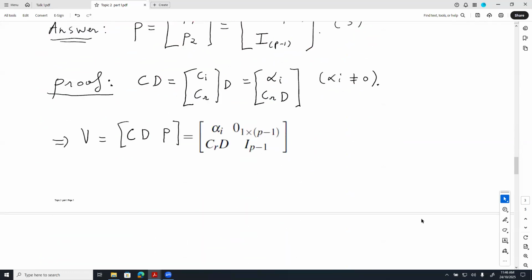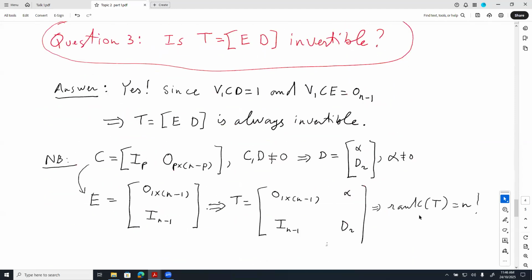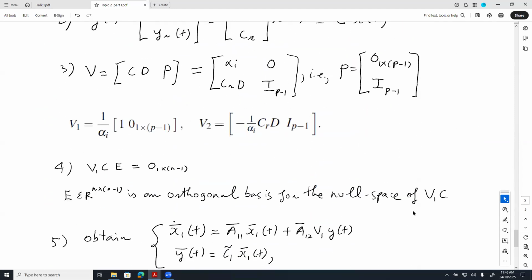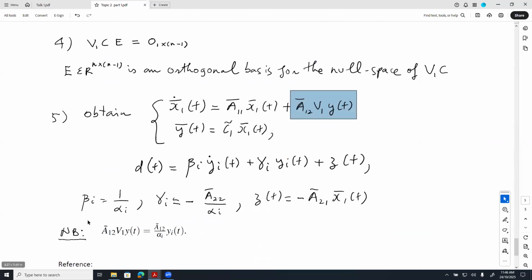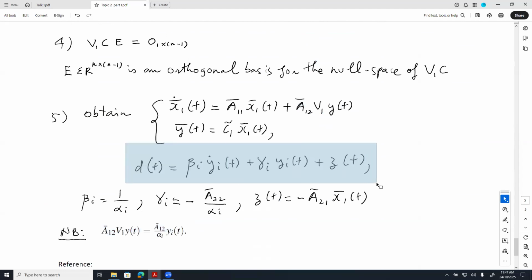So we can actually simplify our reduced order system further. Instead of writing it that way, it is in terms of the output measurement yi of t. And then the unknown input is in its simplest form. There you go.